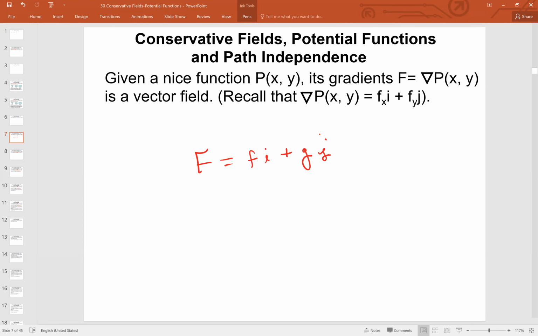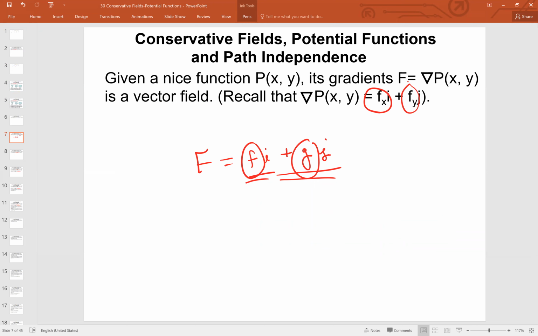And there's no guarantee that this vector field came from partial derivatives. So how can I tell that these functions actually came from the partial derivatives of some f, that it's the gradient of some function f?